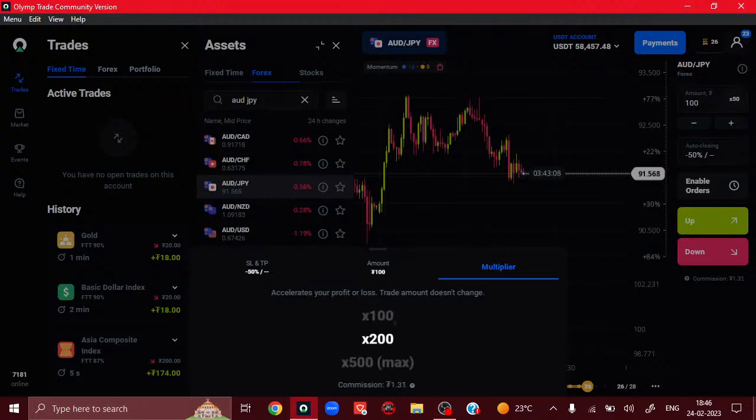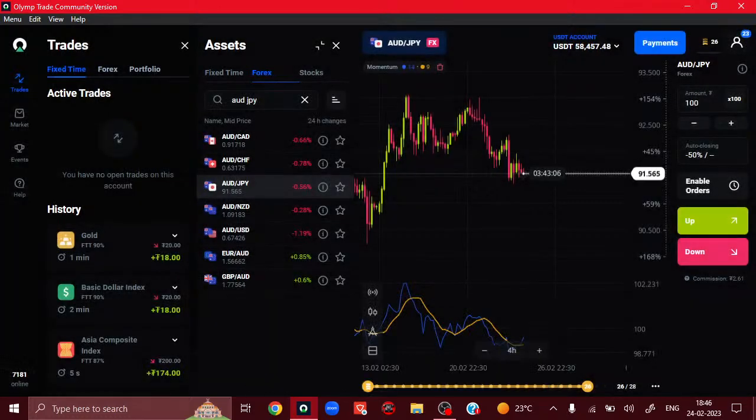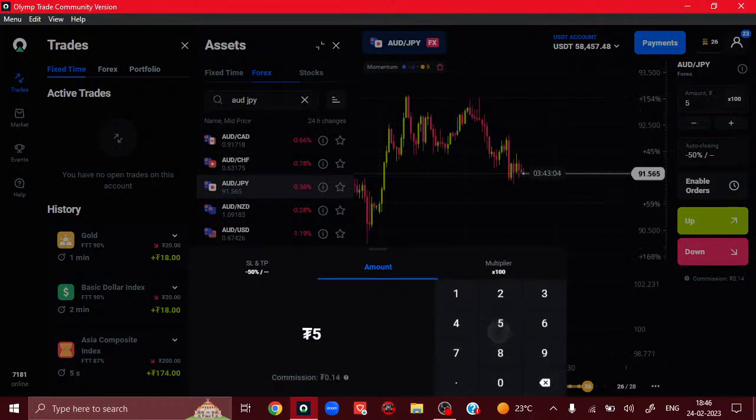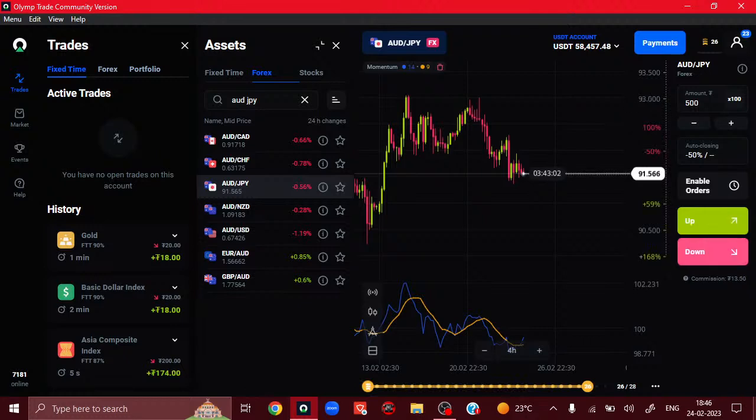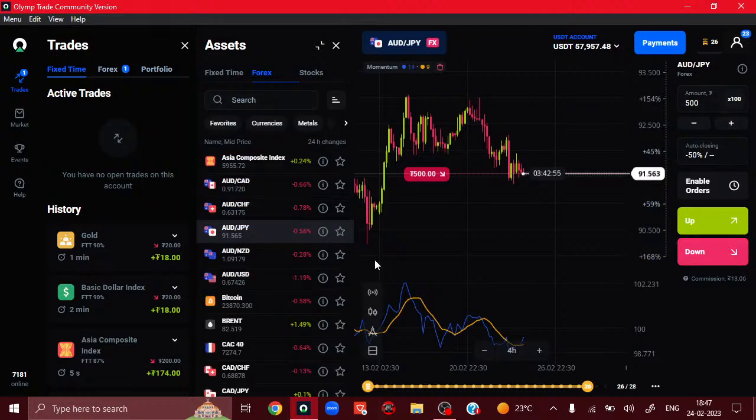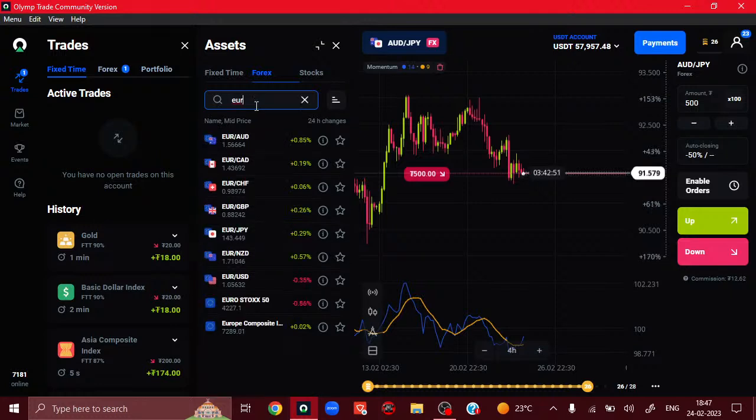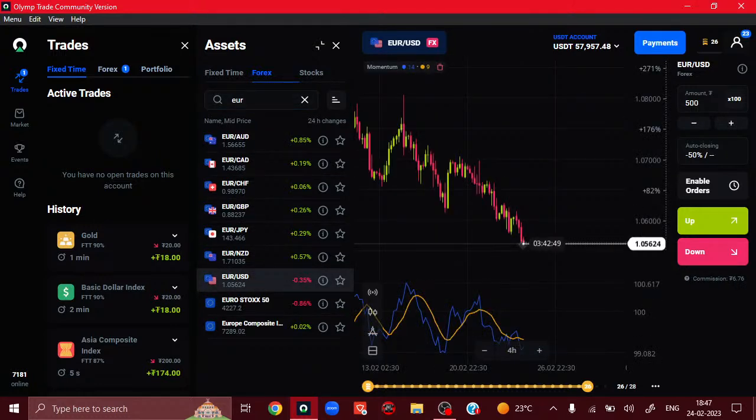Okay, so we might want to enter into a downside trade here in AUD JPY. In Euro USD, also a downside trade. And in the AUD JPY, also a downside trade.